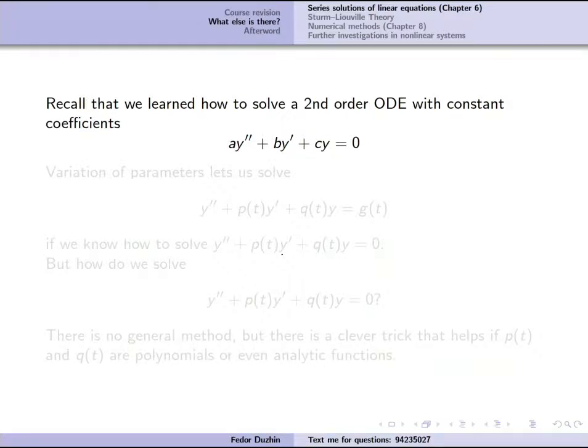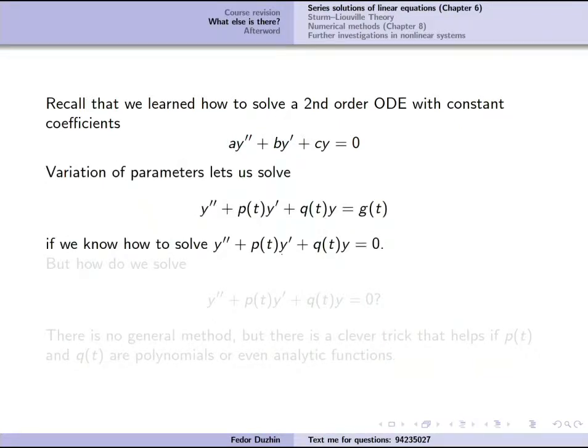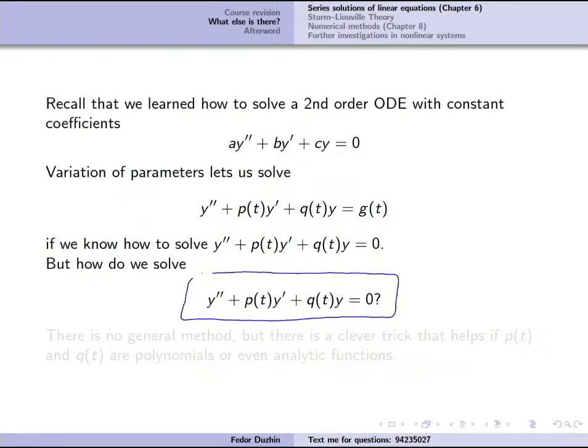Recall that we've learned how to solve a second order linear differential equation with constant coefficients. Homogeneous or non-homogeneous, we know how to do it as long as A, B, and C are constants. But generally speaking, we do not know how to solve second order differential equations with non-constant coefficients.